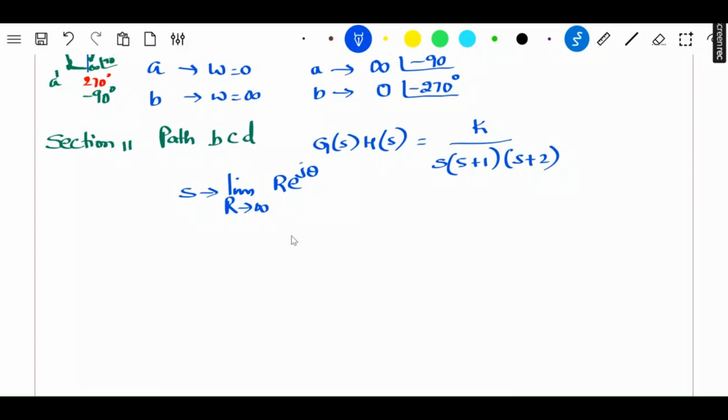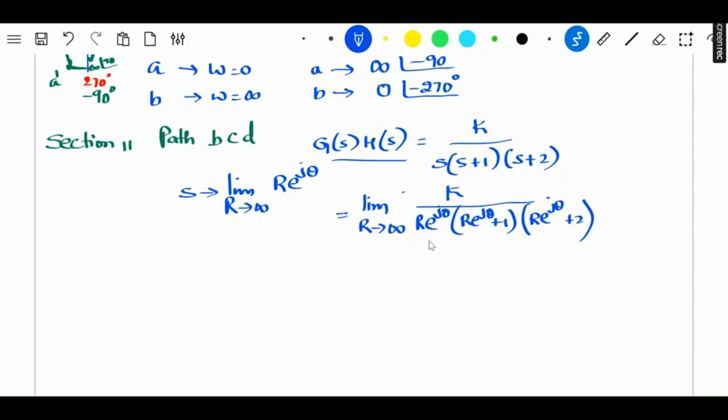So therefore, our g of s into h of s will become limit r tends to infinity, k divided by r into e power j theta into r into e power j theta plus 1 into r into e power j theta plus 2. If you see here, r into e power j theta plus 1 is very less compared to r, 2 is very less compared to r because r is tending towards infinity.